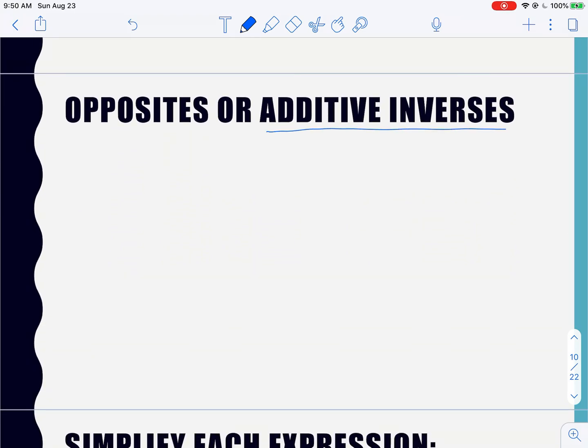Opposites, or the fancier way of saying it, is additive inverses. So opposites you guys should know, like 3 and negative 3 are opposites. 1/2 and negative 1/2 are opposites. So it's the positive and negative version of the same number. x and negative x are opposites. 5y and negative 5y are opposites. What happens when you add opposites?